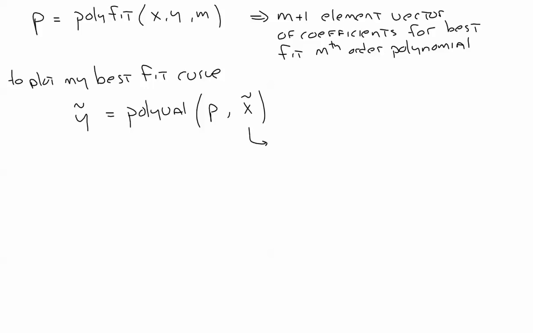I'm not trying to be mysterious. X tilde is an extended range of x values. It doesn't have to be just the x data points. It could be an extended range of values over which you'd like to plot your best fit curve.